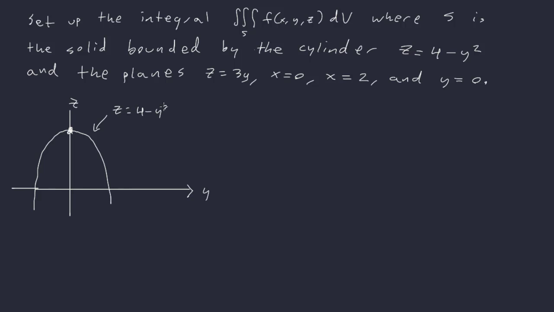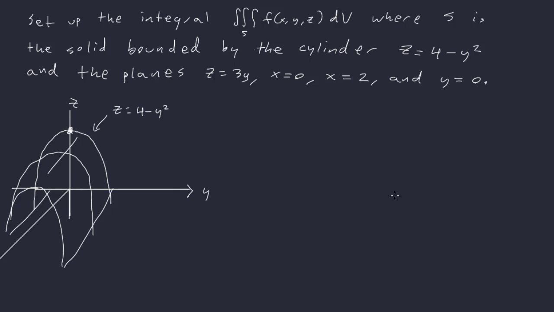Remember what a cylinder does is that no matter what x is, we're going to get this same parabola out. So it's going to look something like this. Okay, so that's that cylinder.